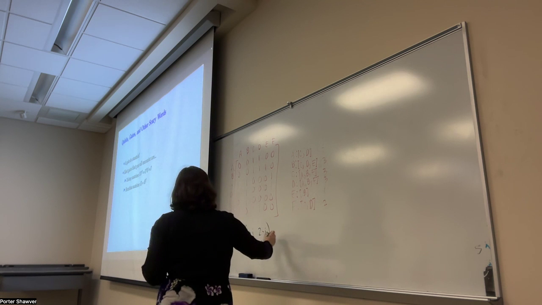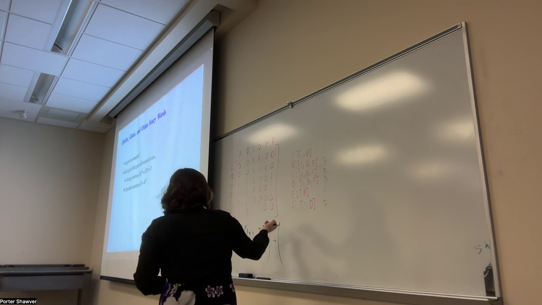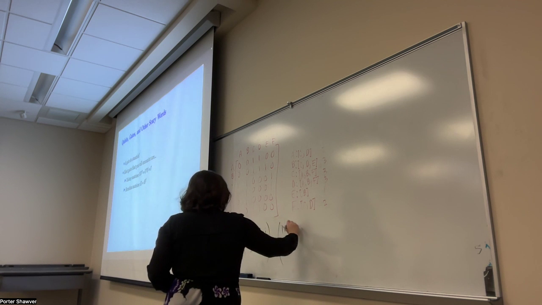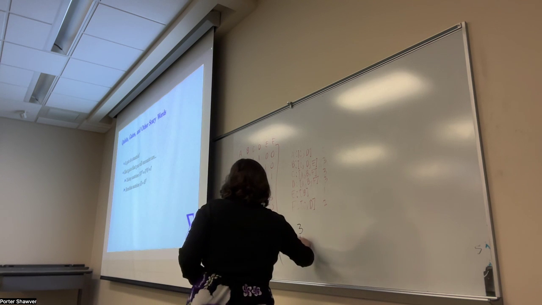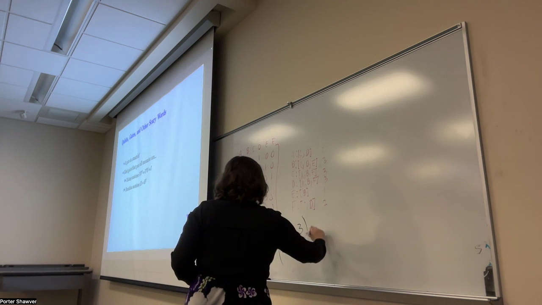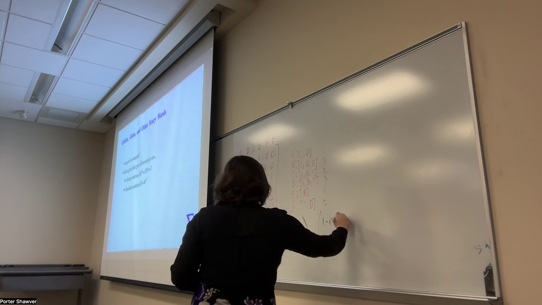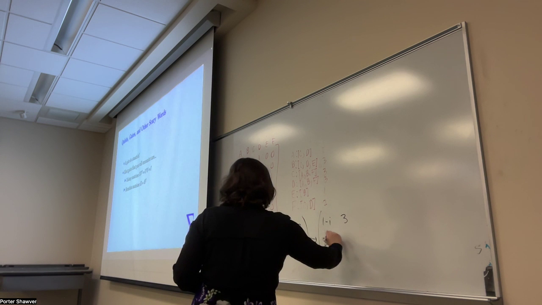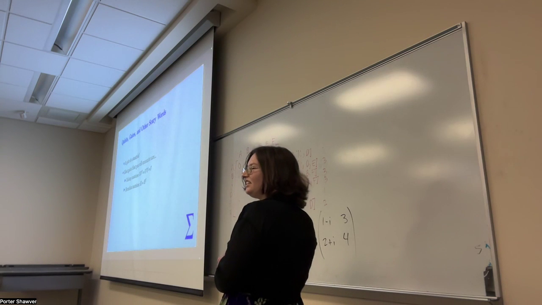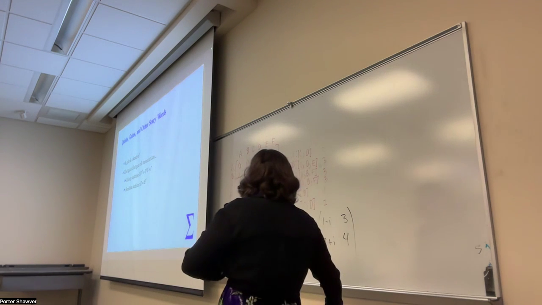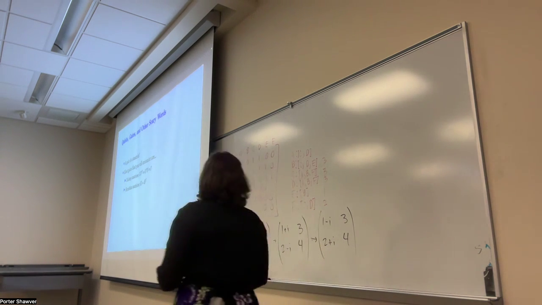You're going to take the transpose, which just means flipping it diagonally. And then you're going to take the conjugate of each value, so you're going to get 1 minus i, 3, 2 plus i, and 4. Can people see this? So basically, you're just taking the transpose and then the conjugate of each value.